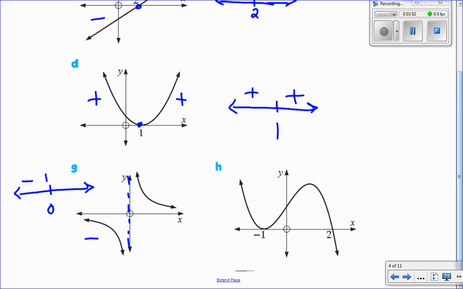Our function's below the x-axis before 0, and then above the x-axis from 0 to infinity. Okay, here we have two zeros at negative 1 and 2. And we can see our function goes from positive to negative.